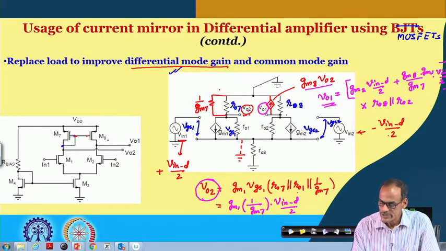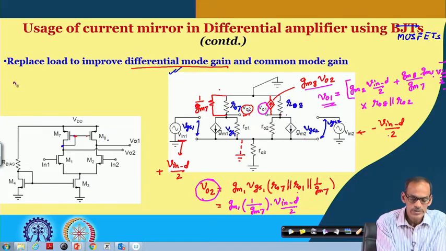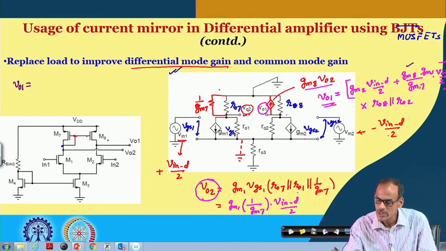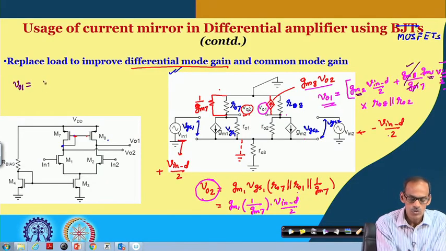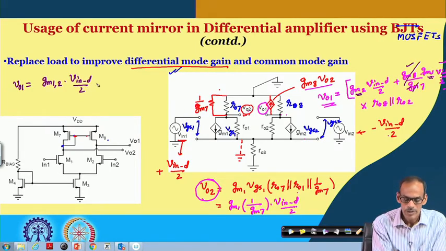Let me use the other space to write VO1 equals. GM8 and GM7 are equal, so I can cross them out. Then we have GM1 and GM2, and GM1 and GM2 are the same, both getting multiplied by Vind. So, this is GM1,2 multiplied by Vind by 2, multiplied by RO8 in parallel with RO2.